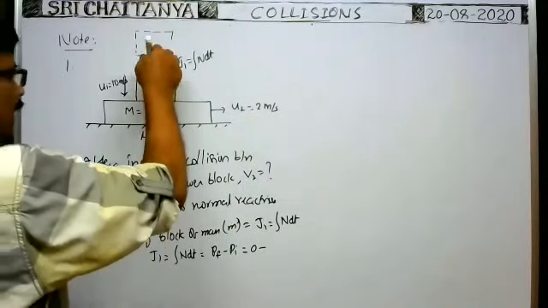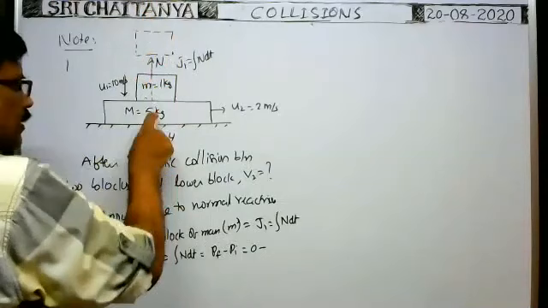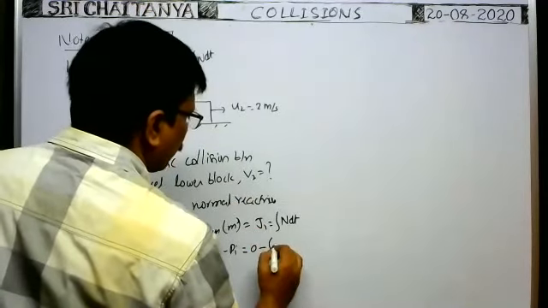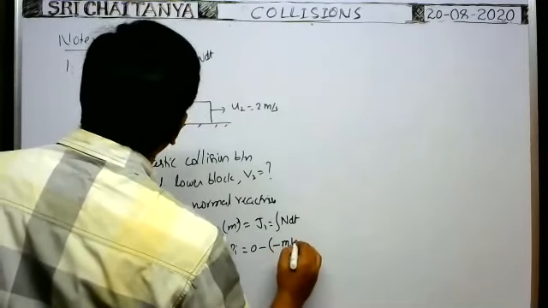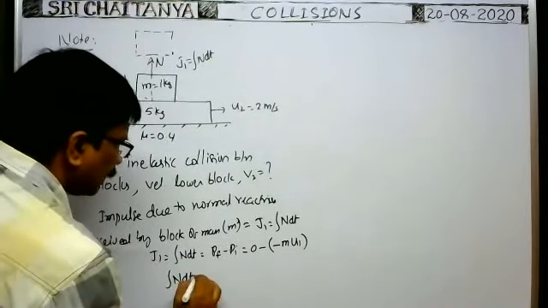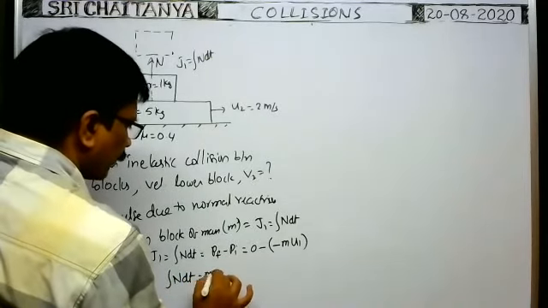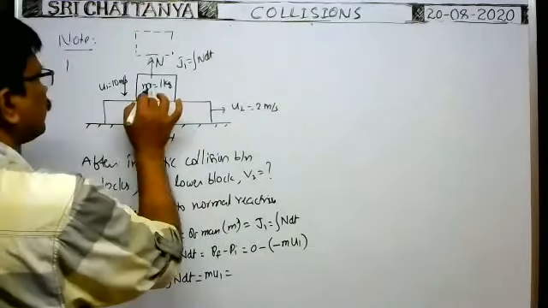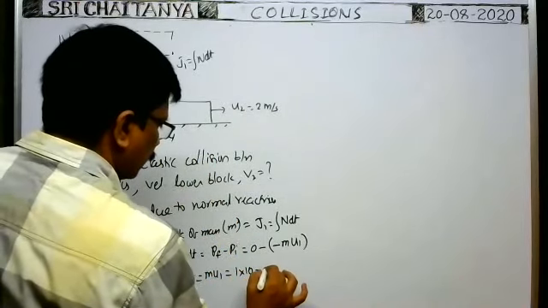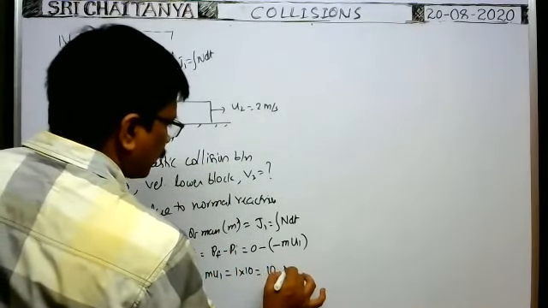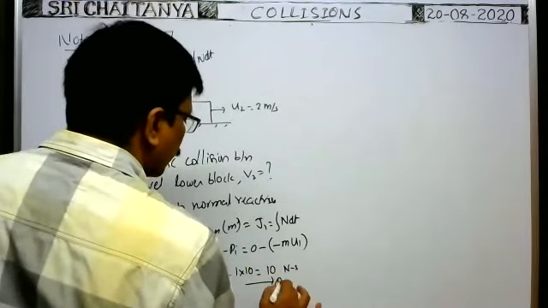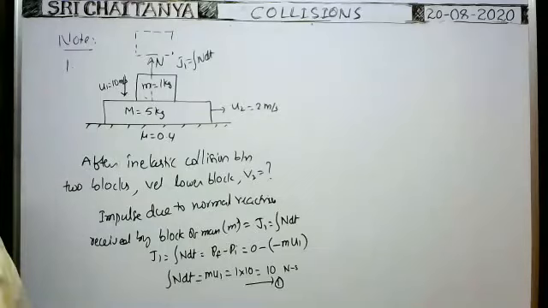Initially the momentum is in this direction, which is opposite to the impulse. That's why while substituting the initial momentum, you write a minus sign: minus m into initial velocity u1. Therefore, integral n into dt is equal to plus mu1. Substituting the data, small m is 1 kg and u1 is 10, so that is equal to 10 kilogram meter per second, or Newton second. This is the impulse received due to normal reaction.